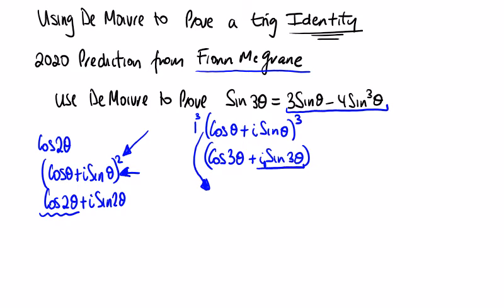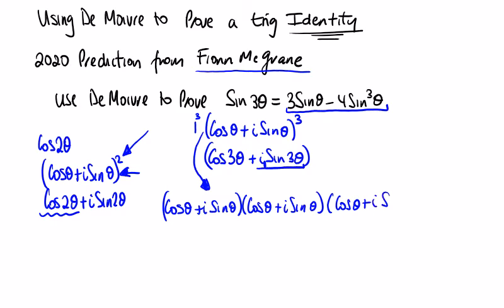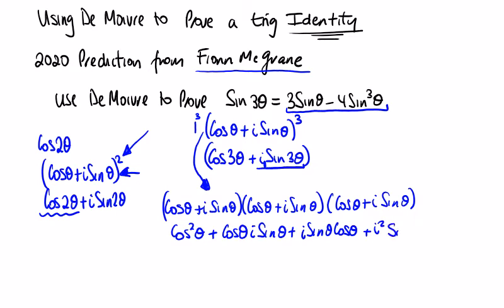So let's multiply cos theta plus i sine theta by itself. What are we going to get? And then we'd have to do it a third time. So we're going to get cos squared theta plus cos theta i sine theta plus i sine theta cos theta plus i squared sine squared theta.